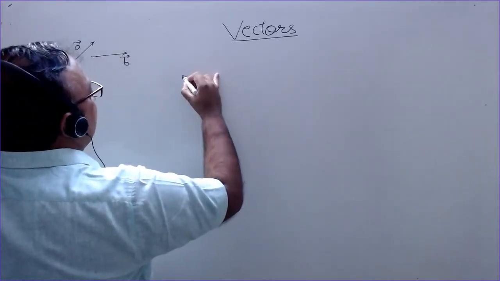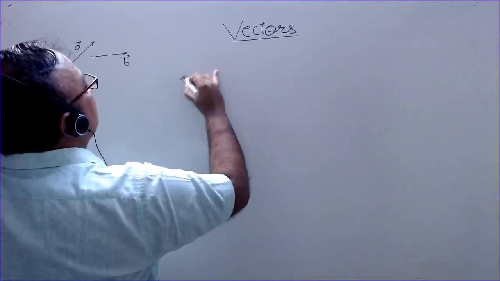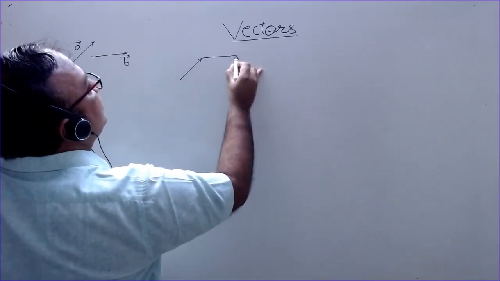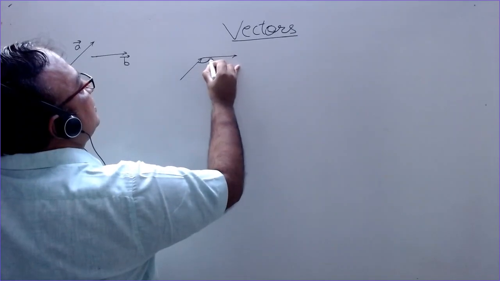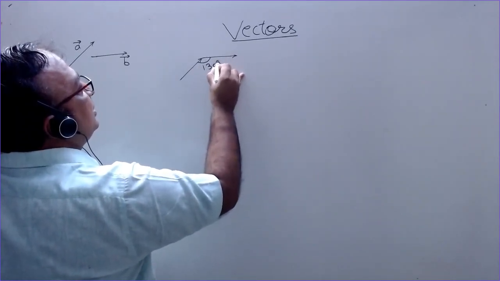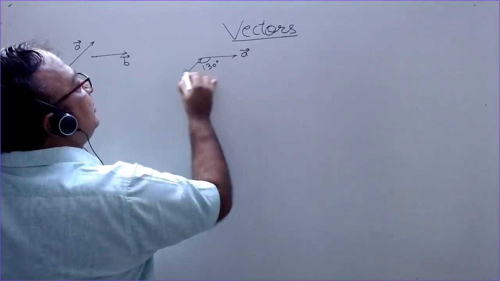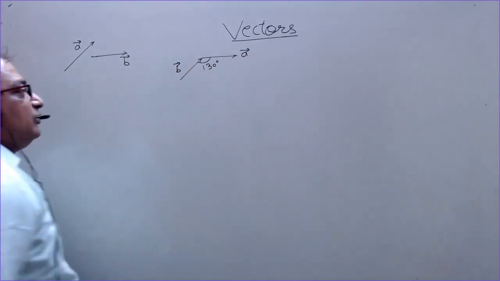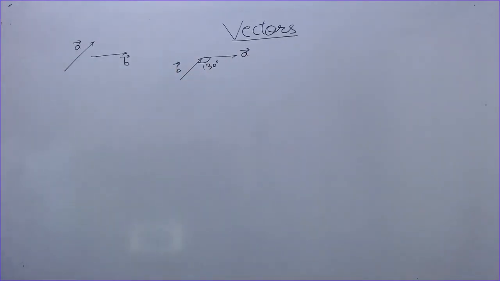How to find the angle between two vectors? Suppose this is one vector, this is another vector, and the angle between A and B is, suppose, 130 degrees. So my question is, what is the angle between these two vectors?